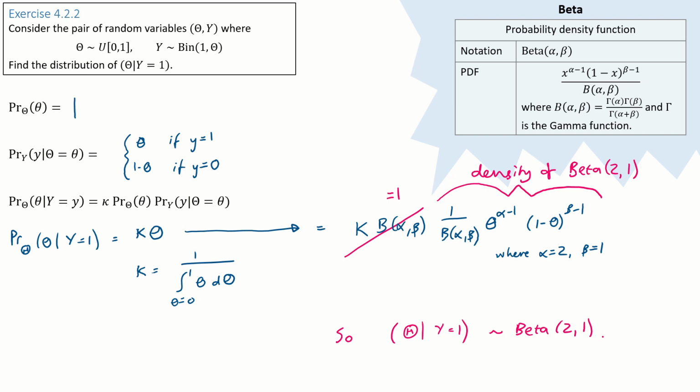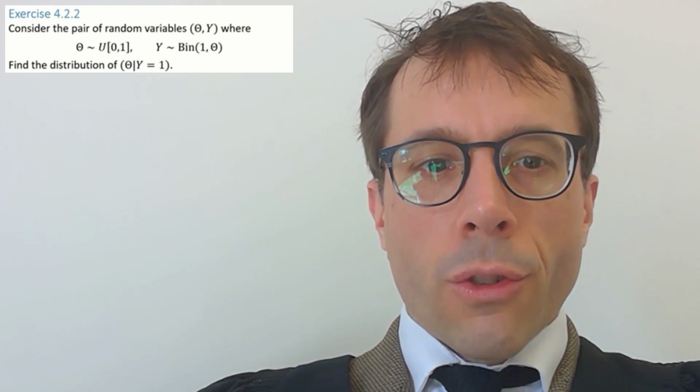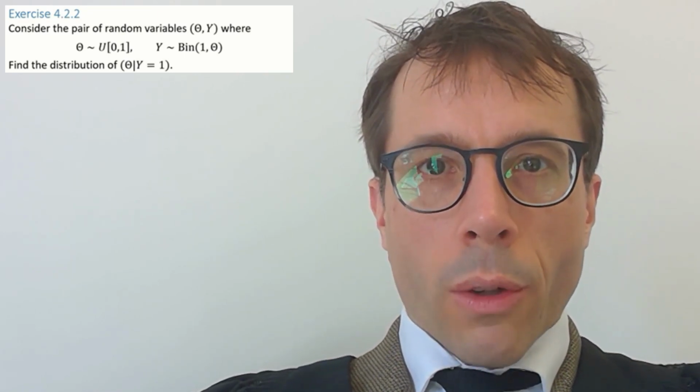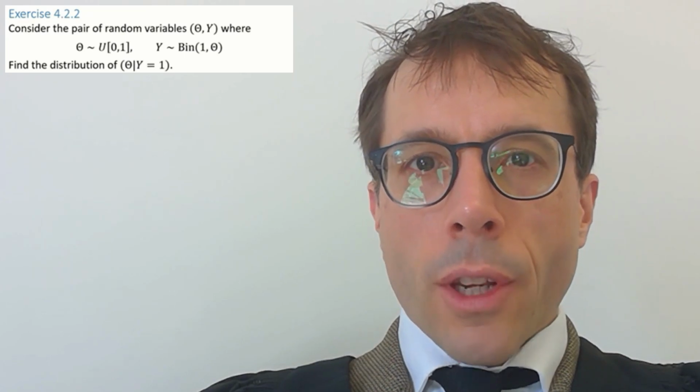We conclude that the conditional likelihood we were asked for is exactly the density of a beta of 2, 1 random variable. The question asked us to find the distribution of theta conditional on y equals 1. That phrase, find the distribution, is a coded way of telling us, give your answer as the name of a standard distribution.